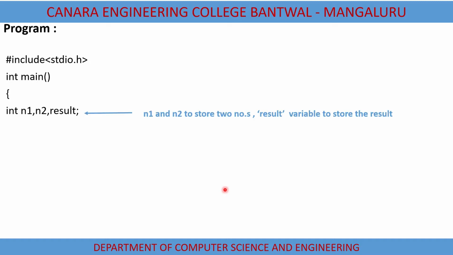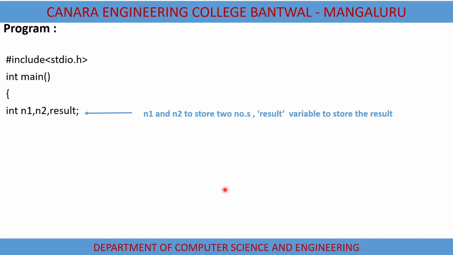As in the program definition, it is written that we have to read an arithmetic expression, so we have to perform a calculation based on the expression. An arithmetic expression will be, for example, a plus b, a minus b, a into b, a divided by b, or a modulus b.